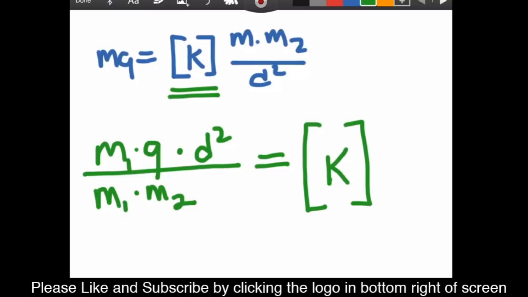So let's go ahead and figure out what these are. First, these two right here cancel out because they're both mass 1. So it becomes gravity times distance squared over m2, excuse me, over m2. So what our units are going to be is g is in meters over seconds squared. D is in meters and it's squared.